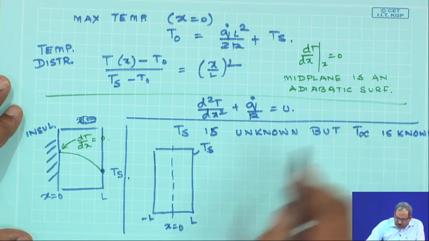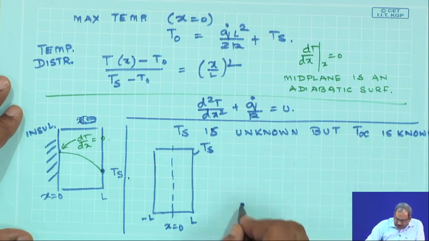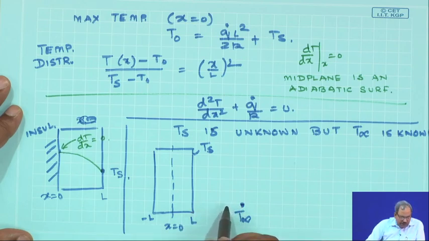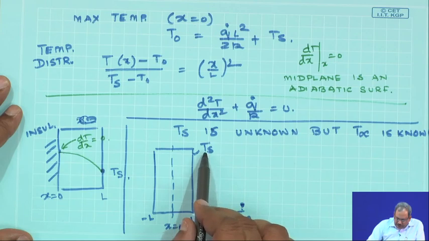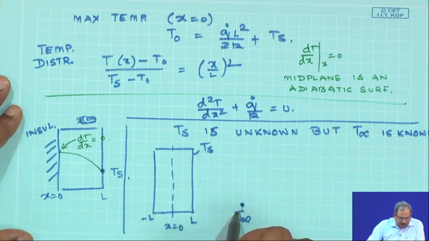Ts is not known, but T infinity is known, as the surface is in contact with a fluid whose temperature at a point far from the wall is known. So, how do you express Ts in terms of T infinity, and then solve the equation such that the temperature profile inside can be obtained not in terms of Ts, but in terms of T infinity?